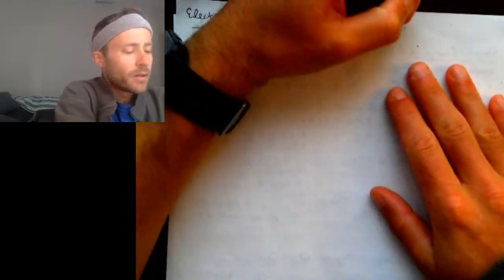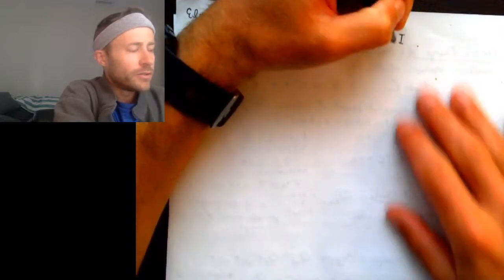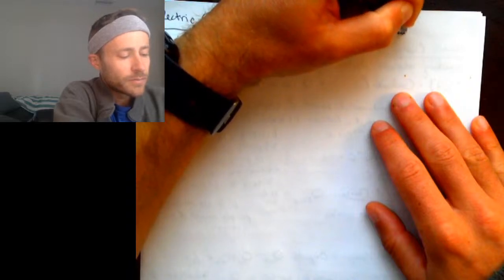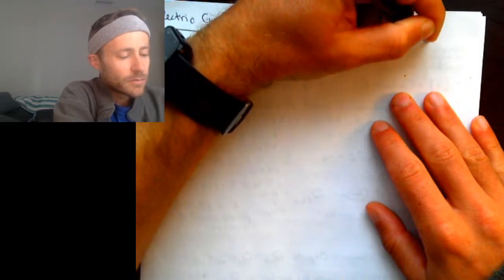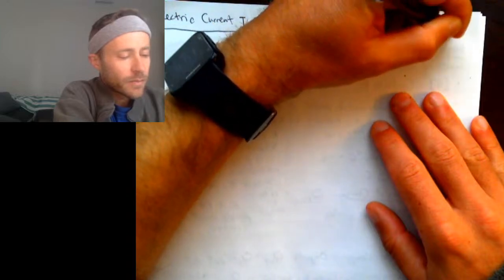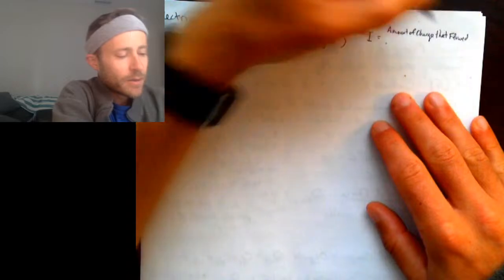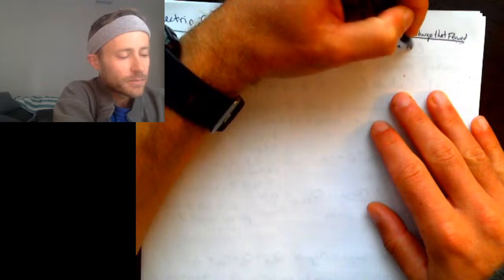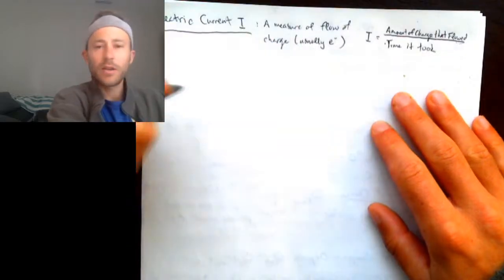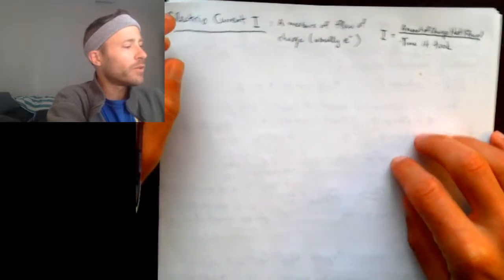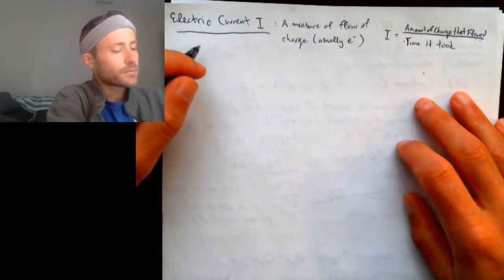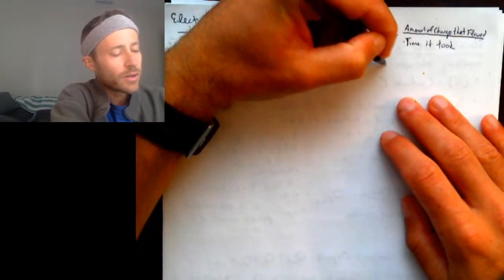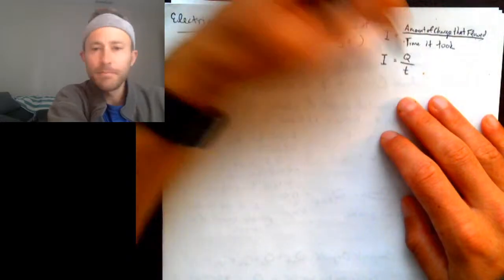And so the current is equal to the amount of charge that flowed divided by the time it took for that charge to flow. Okay, so we could write that as current is charge divided by time.